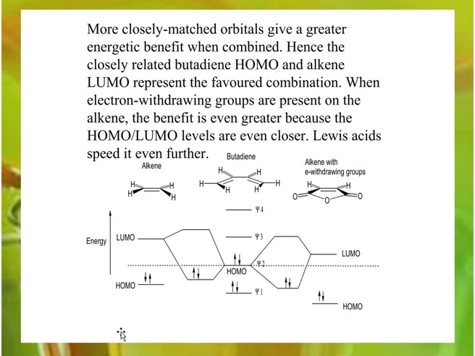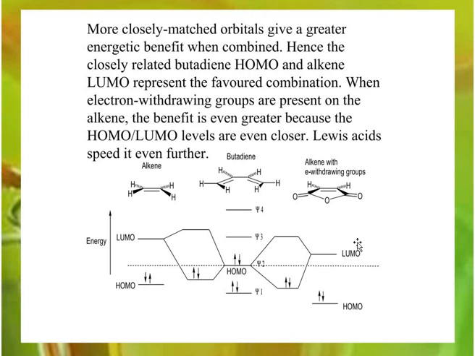So look at here the energy difference between HOMO and LUMO. Here you can see the differences. More closely matched orbitals give a greater energetic benefit when combined. Hence the closely related butadiene and alkene represent the favored combination.